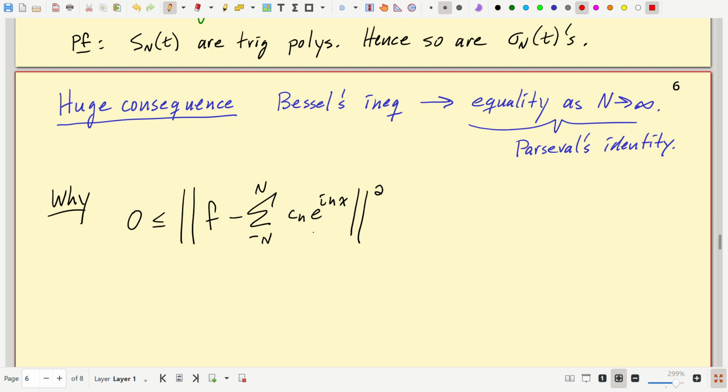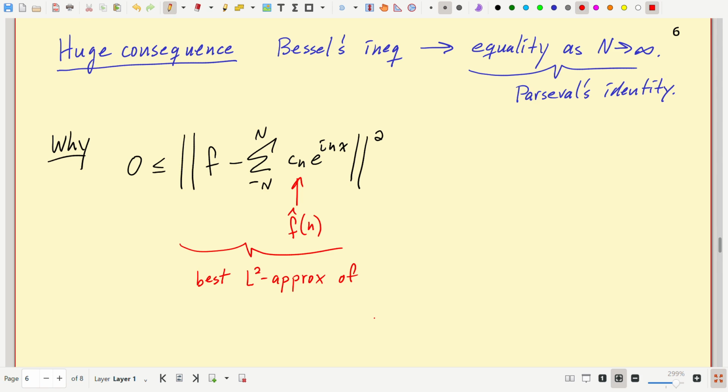This thing right here is the best L2 approximation of f among trig polynomials of degree n, so of the form summation a_n e to the i n x from minus n to plus n.